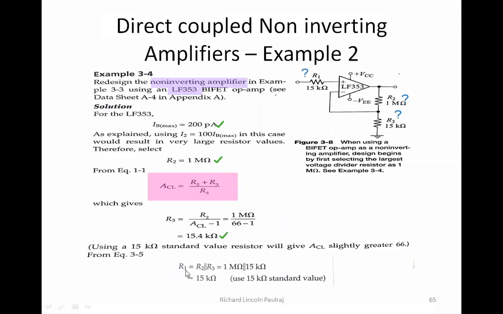We know that in order to find R1, R1 is equal to R2 and R3 in parallel combination. So are we getting about 15 kilo ohms? Please check, 1 mega and 15 kilo.